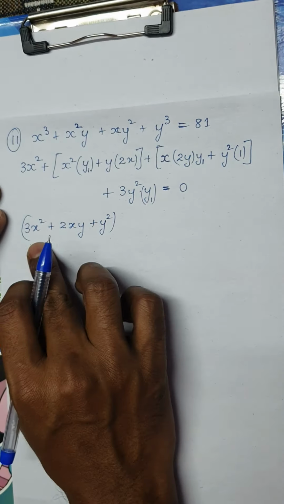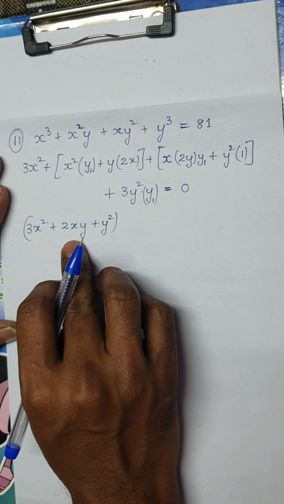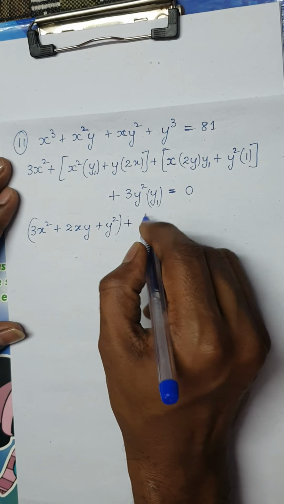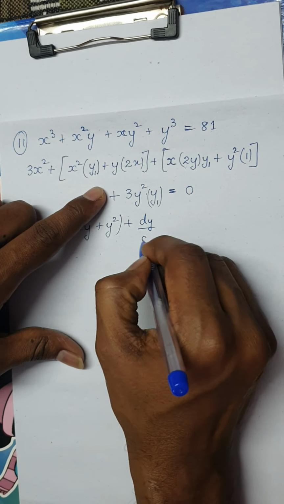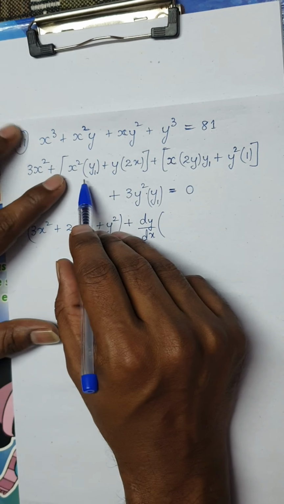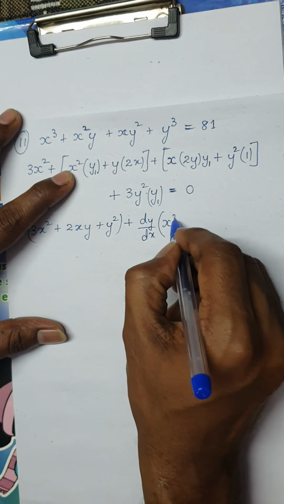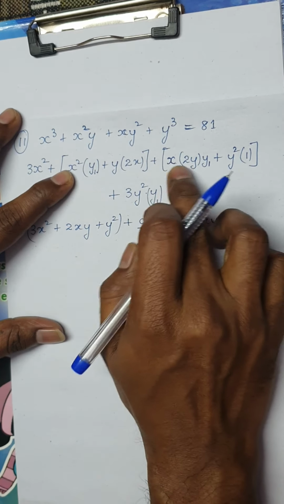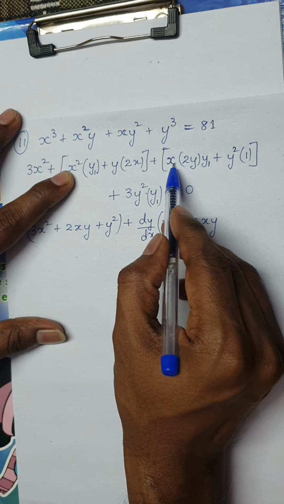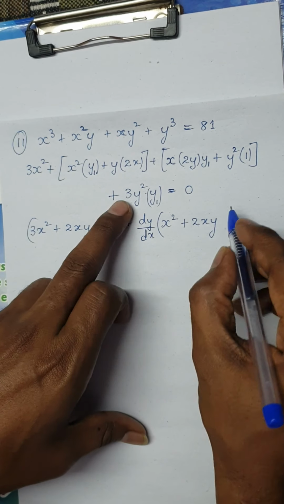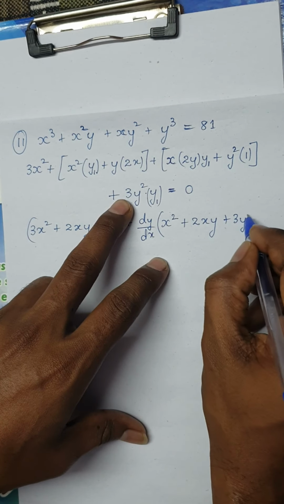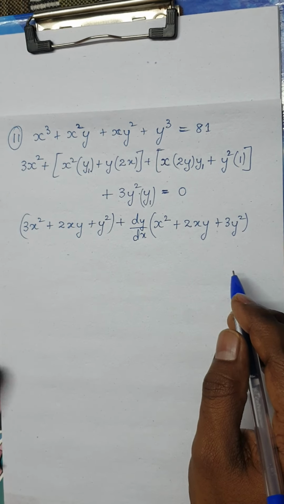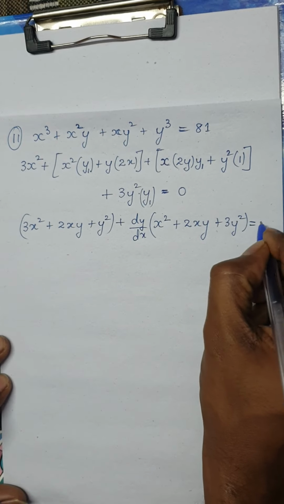So I have 3x square plus 2xy plus y square plus y1, y1 means dy by dx, into, what are the terms with dy by dx? I have x square here and plus 2x into y. dy by dx is multiplied by x square plus 2xy plus 3y square, isn't it? This will be equal to 0.